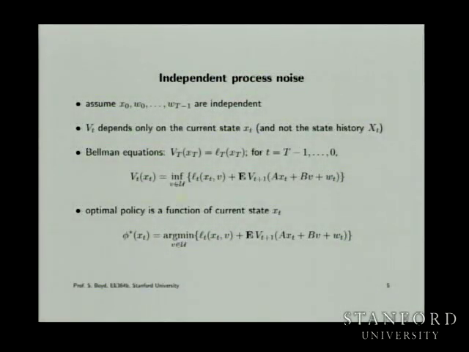An important special case is when you have independent process noise. So that's when the noises are independent. By the way, that doesn't happen that often. Typically what happens is you transform the original problem so that the noises are independent. And you do that by introducing additional states. So actually, if you've taken these classes, you know about this. But let me just give an example.